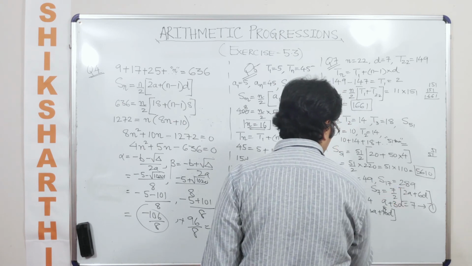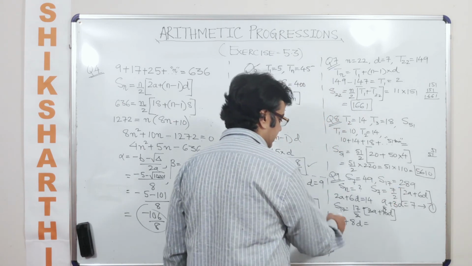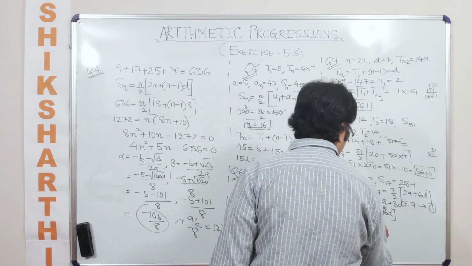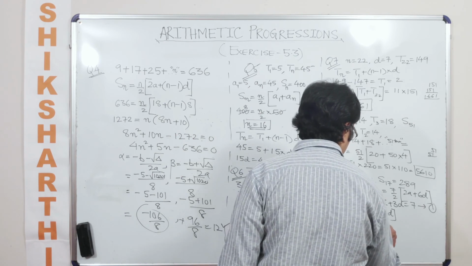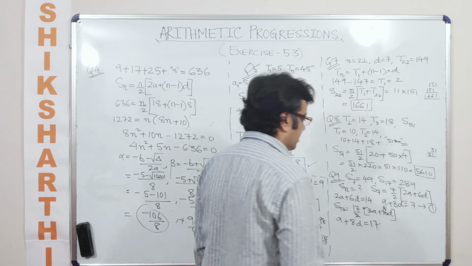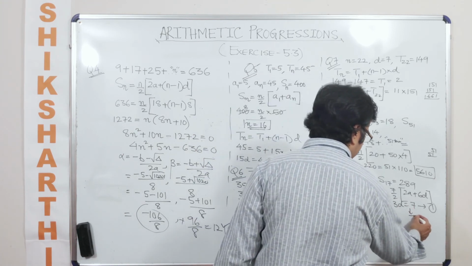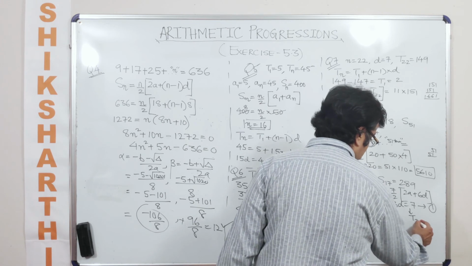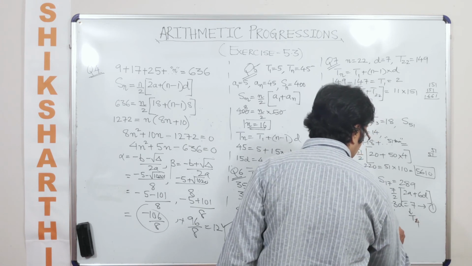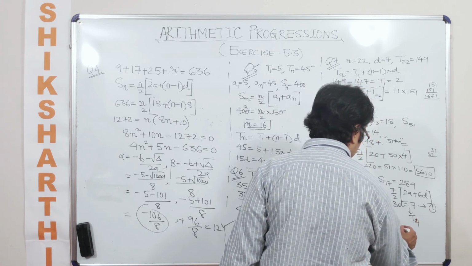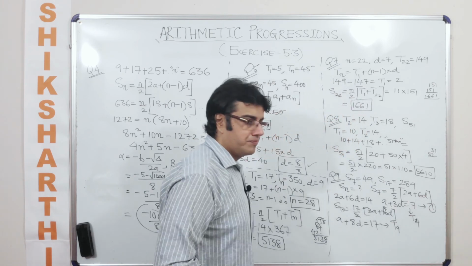Now this is how much? How much is 17 square? Is it 289? Yes. So a plus 8d comes out to be 17. Now this is just like saying you got this as the fourth term of the series, and this is just like saying you've got the 9th term of the series.